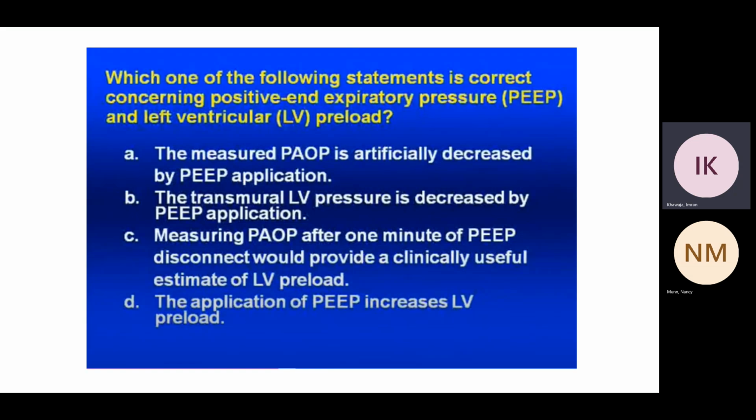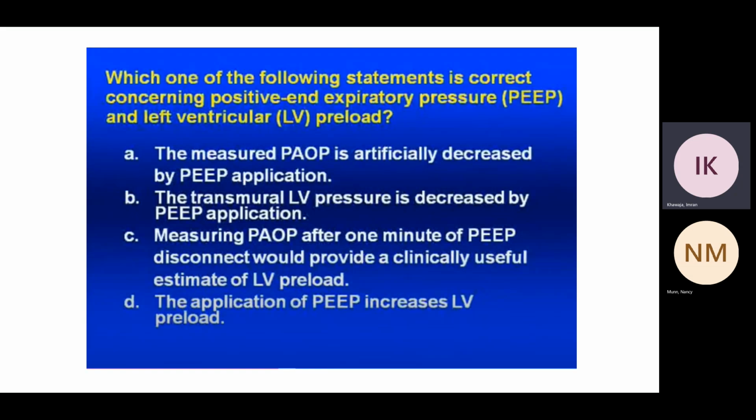So it's the difference between the intracavitary pressure and the pressure outside the ventricle. So when you apply PEEP, that would transmit to the left ventricle, left atrium, and to the wedge pressure. The pressure difference between inside and outside the left ventricle, does it increase or decrease with the PEEP application?